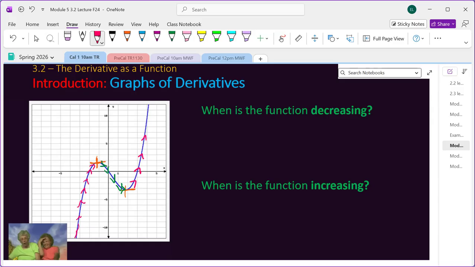So increasing means slope is, well, let me write the whole thing. Slope of tangent line is positive.